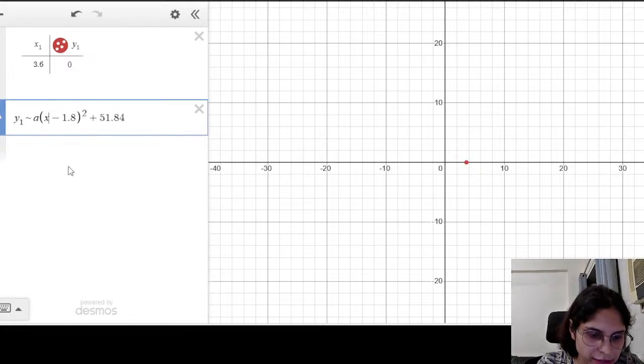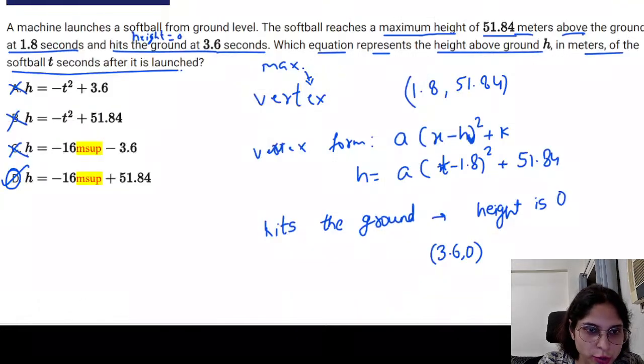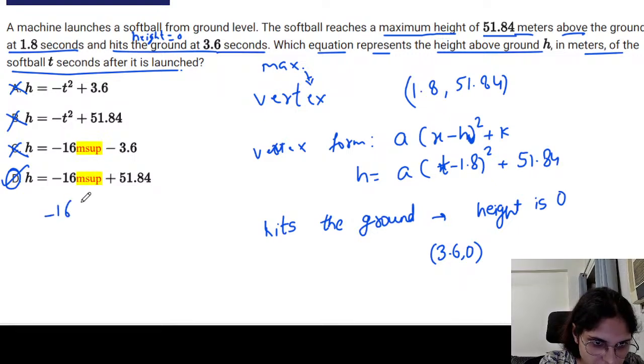And instead of x, you write x1. You will get the value of a is negative 16. So your coefficient should be negative 16. It's not there, so this is the option. So I will just write, they have negative 16 (t minus 1.8) squared plus 51.84.